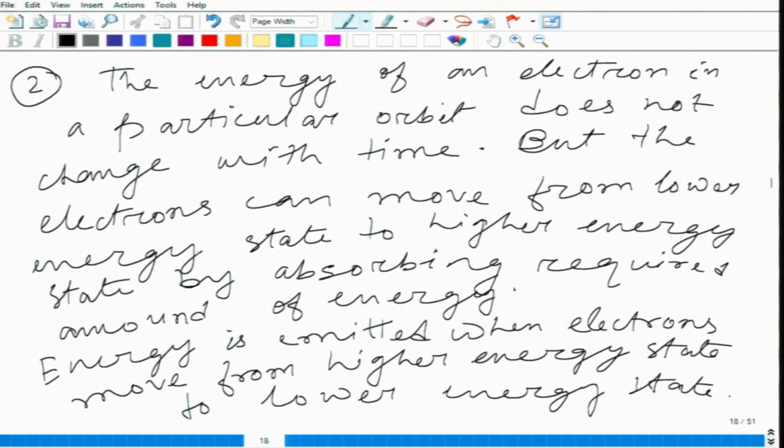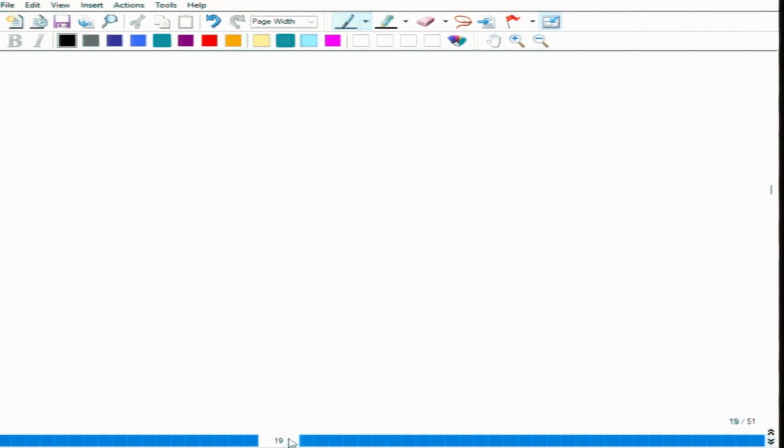But the electrons can move from lower energy state to higher energy state by absorbing the required amount of energy. Energy is emitted when electrons move from higher energy state to lower energy state.